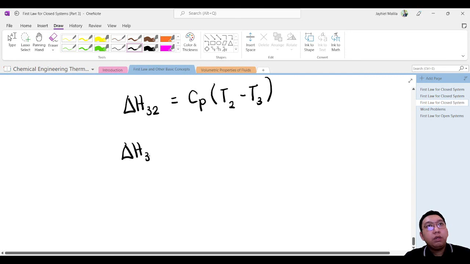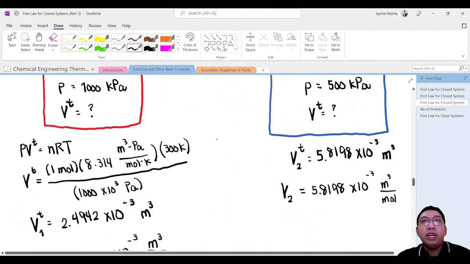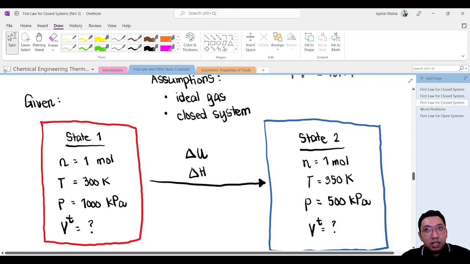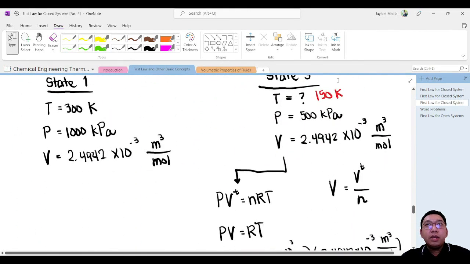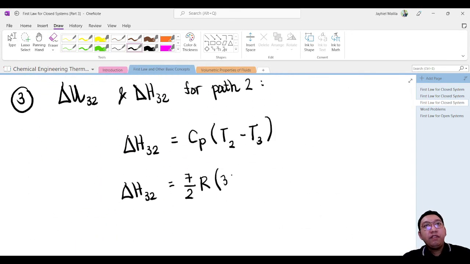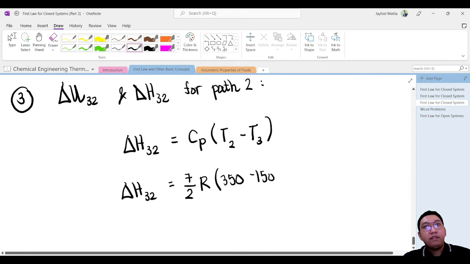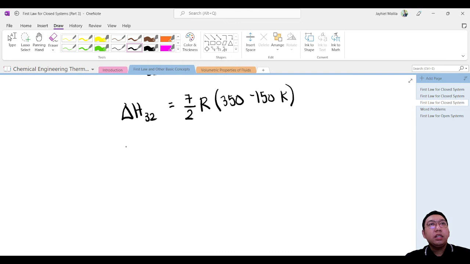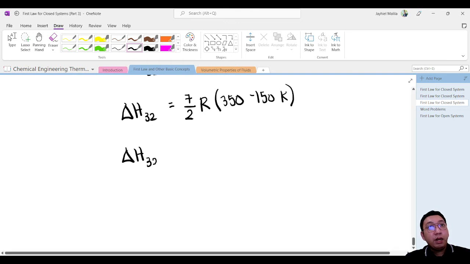T2 is 350 Kelvin, and your T3, as solved earlier, is 150 Kelvin. So 350 Kelvin minus 150 Kelvin. It will be good to expound it on your own paper, but for the sake of making my life faster, I will just write everything here.